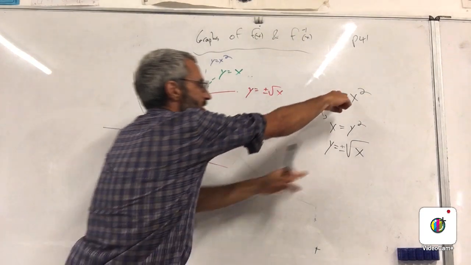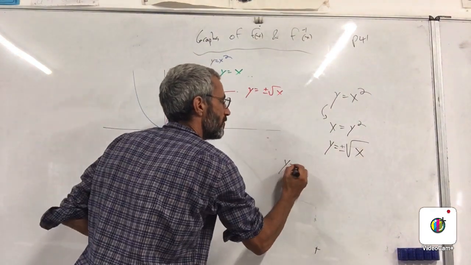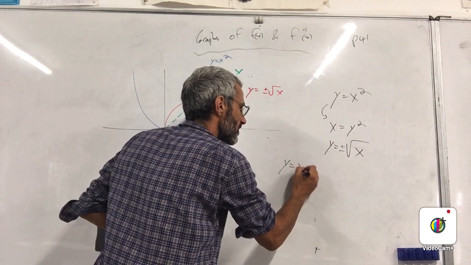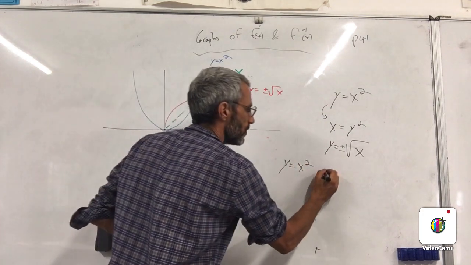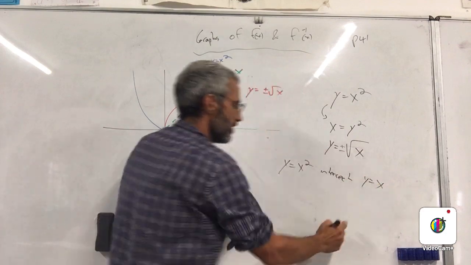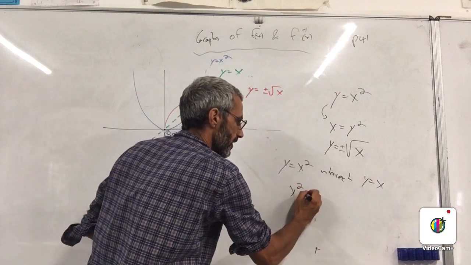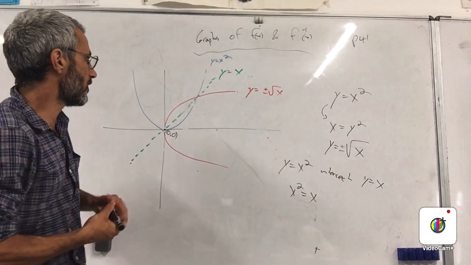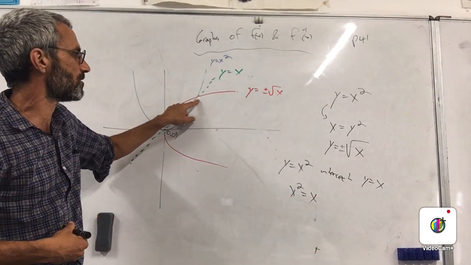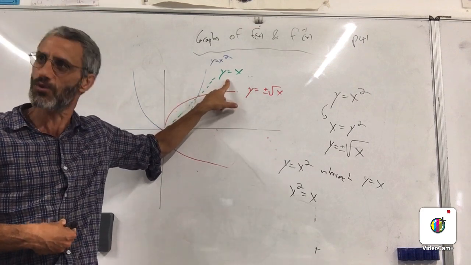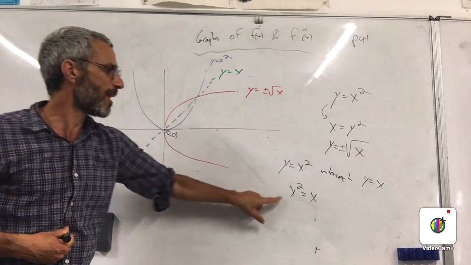So instead of making these two equal, I can take the first one, y equals x squared, which must also intersect y equals x. So let's make these two equal: x squared equals x. Because they're not just intersecting each other, they're also intersecting the green, and the green is always dead easy, y equals x. So let's make them intersect.